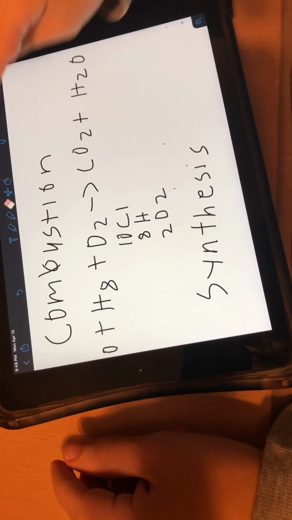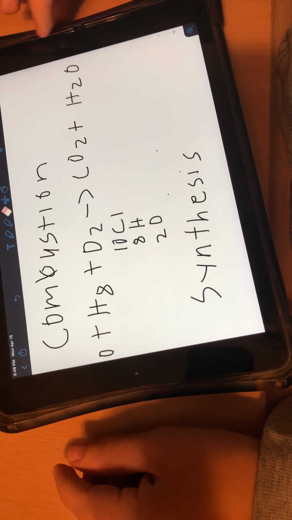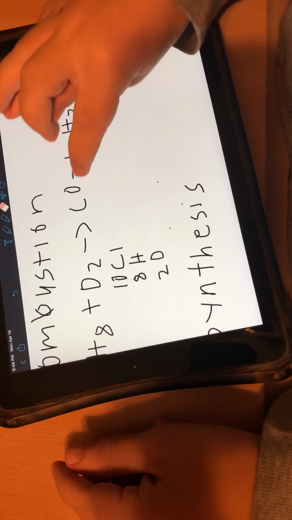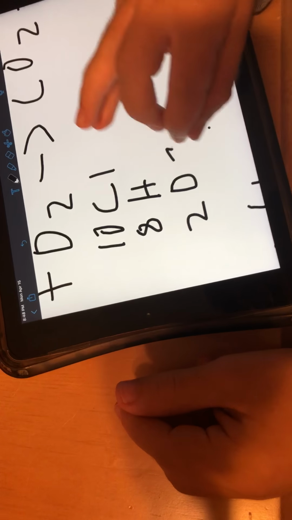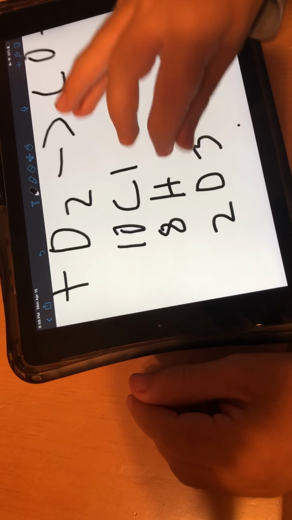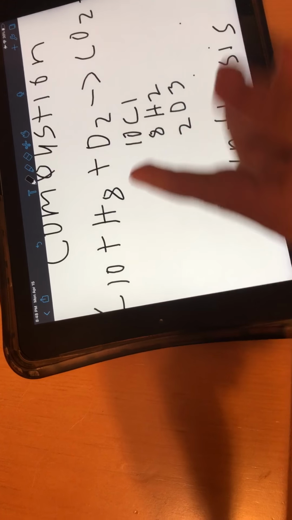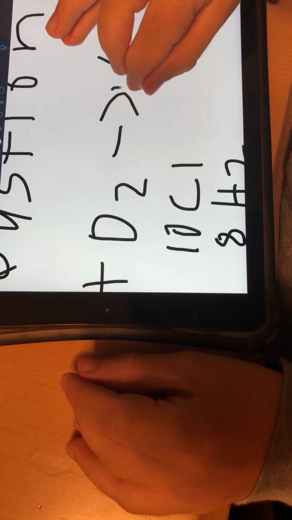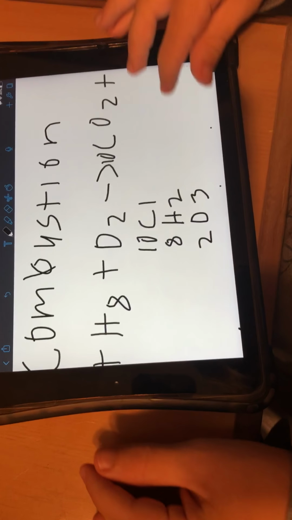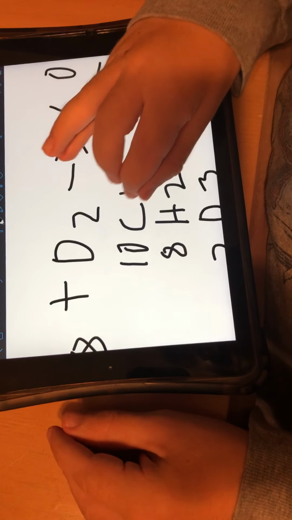Oh no, sorry, we don't have two O's. We have three O's because we have the two O's here and the O in water. So we have three here and two hydrogens. Now, automatically you see, oh my God, super unbalanced. Super unbalanced, yes. So what we're going to do is put a big fat 10 right in front of this carbon dioxide to make that 10.